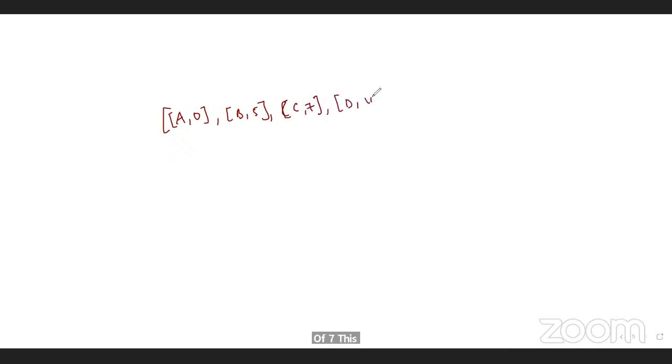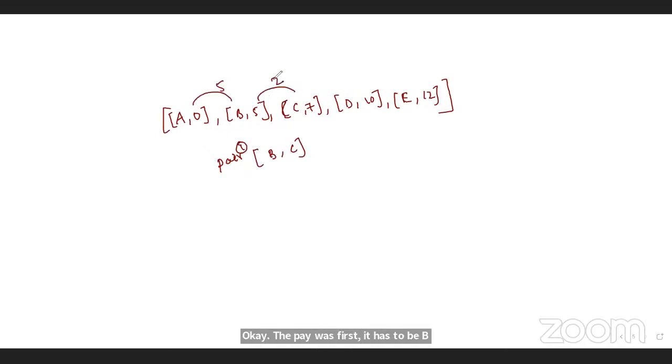This is D of 10. This is E of 12. It may be second and fourth. The pair was first. It has to be B comma C, the first pair, because the difference here is 5. Here it is 2. That is the minimum, 2. Here it is 3, so that will not be updated. And here it is again 2.